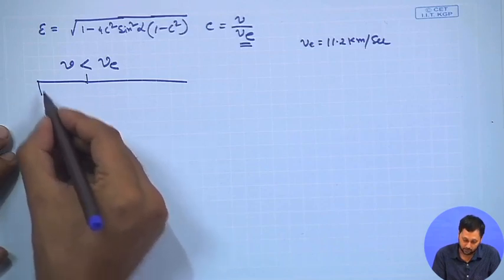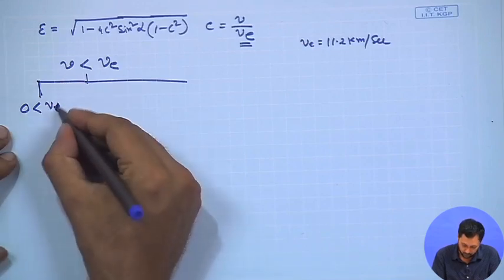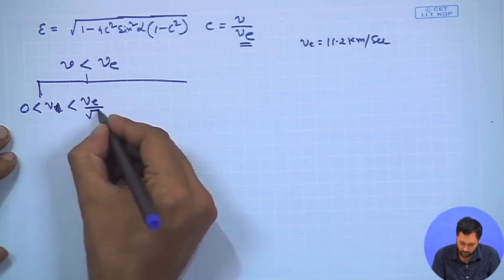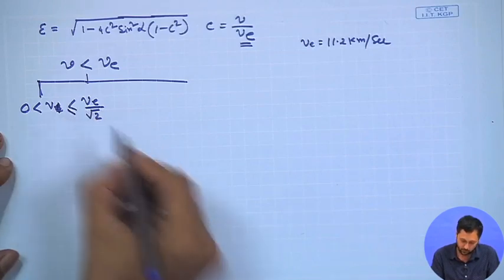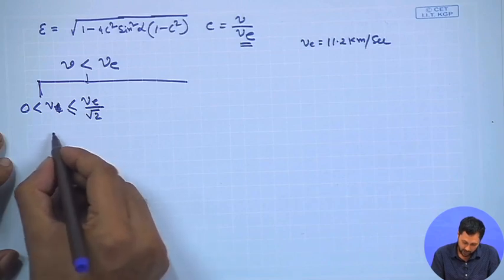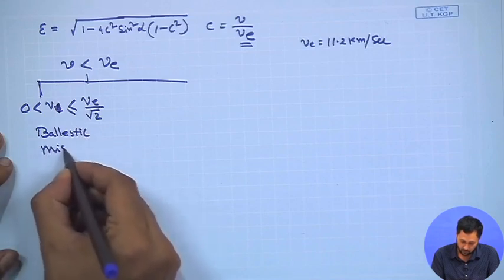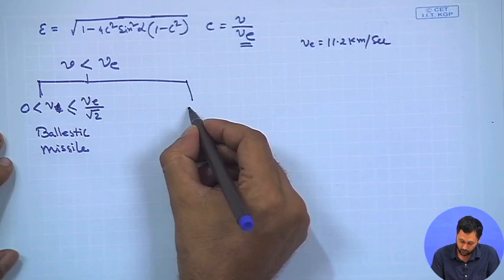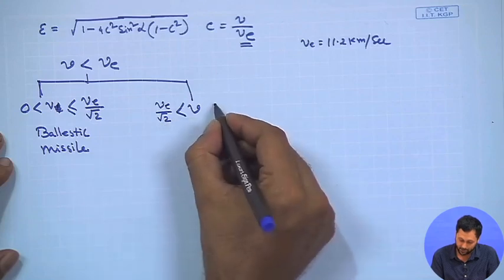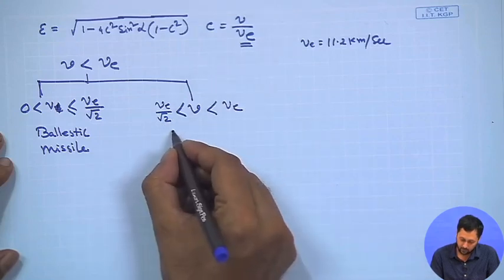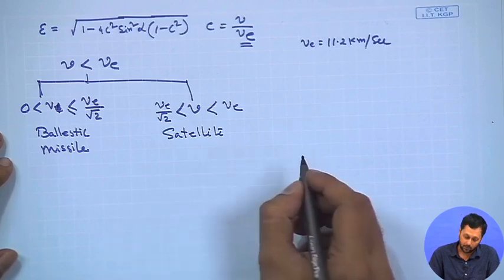If the velocity v is less than or equal to ve by root 2, then we have a closed orbit which is called a ballistic missile, whereas for velocities ranging between ve by root 2 and ve, we have a satellite which is orbiting around Earth.